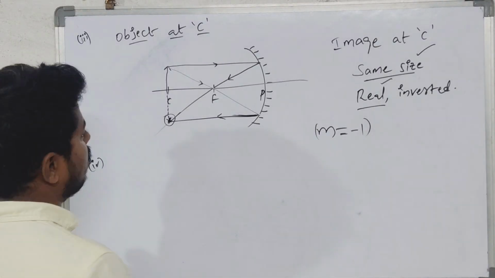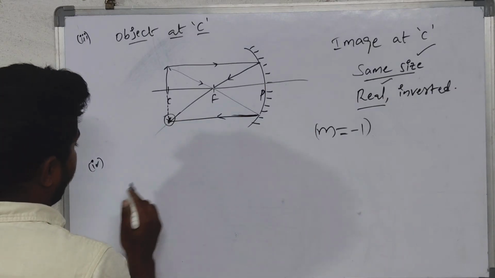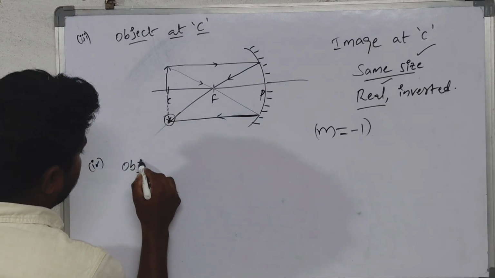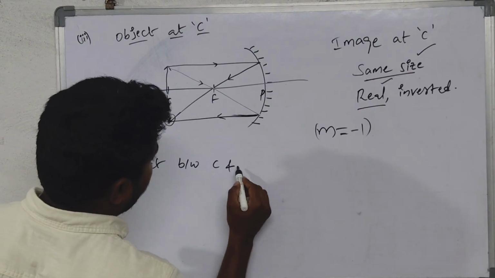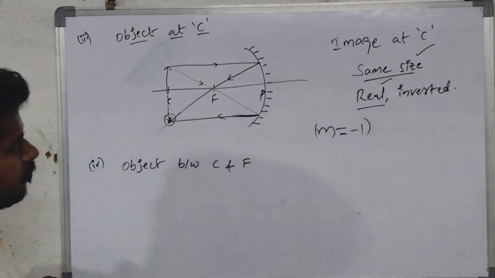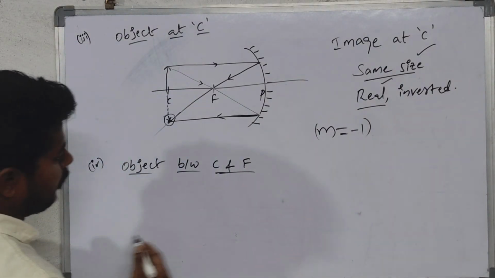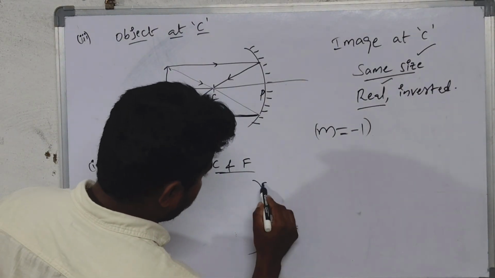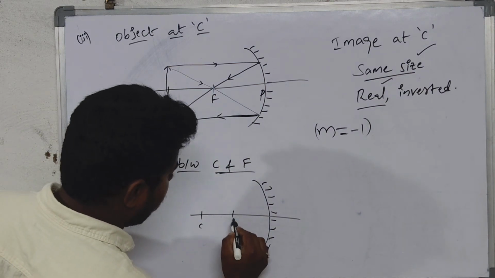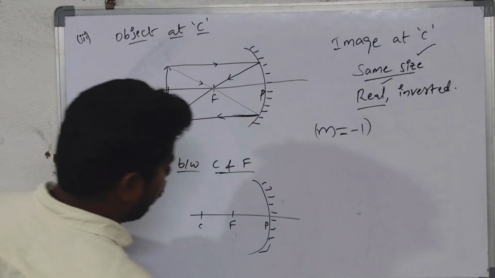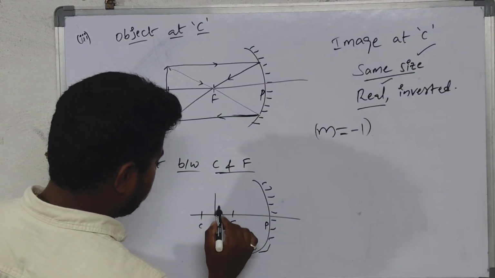In this case, the object should be placed between C and F, between the center of curvature and focus. Let me draw a ray diagram. The center of curvature, focus and pole. Our object is placed between the center of curvature and focus.